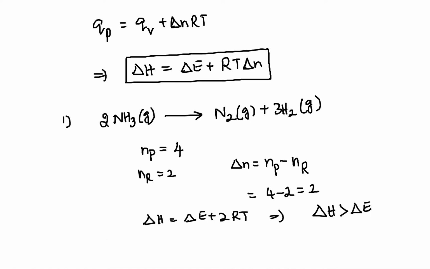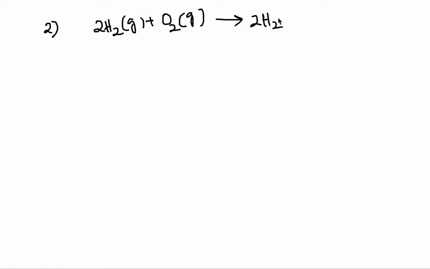Next, another example. Let's take the second example, that is 2H2 gas plus O2 gas giving 2H2O gas. So here the reactants are gases and products are gases. How many gaseous products are there? 2 moles are there.